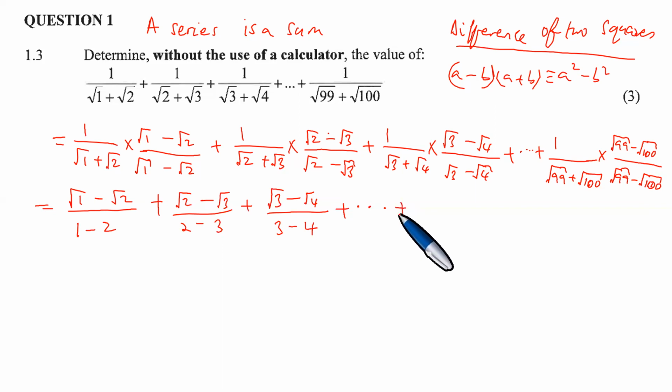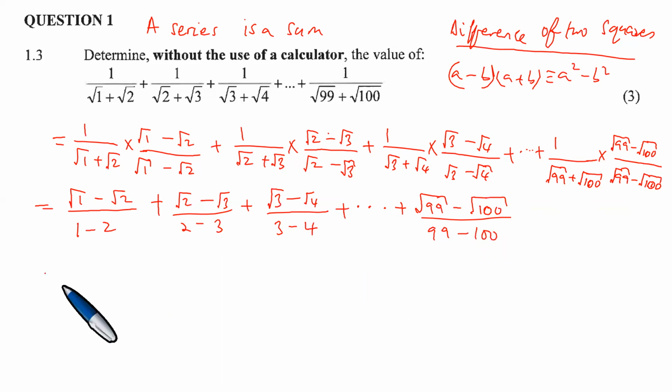So you deal with this one here. It becomes the square root of 99 minus the square root of 100. So you multiply this by that, it becomes 99 minus 100. So what is 1 minus 2? It is minus 1.